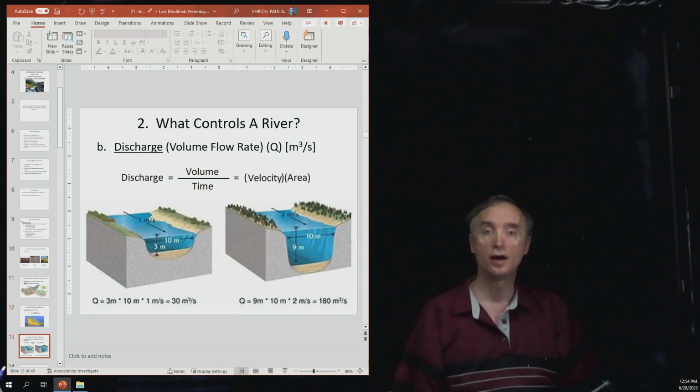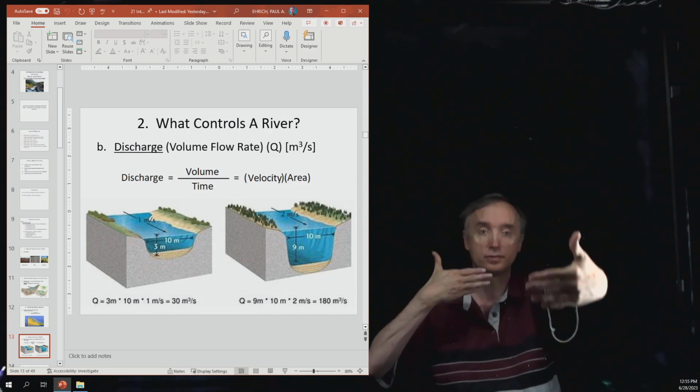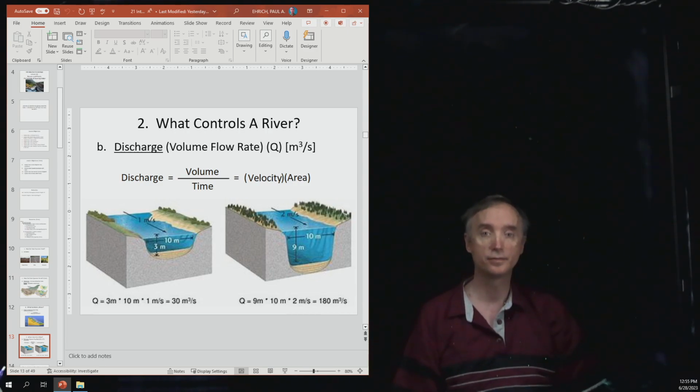Okay, then you should know what discharge is. Another name for it is the volume flow rate. It's given by the letter Q, but you don't need to know that. It's the volume of water that flows in a river per second, and volume is going to be in cubic meters per second.